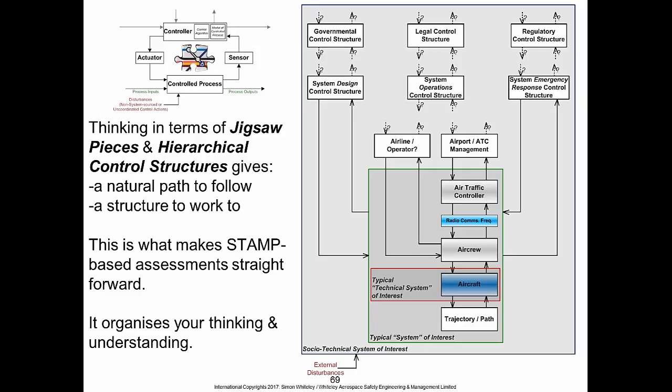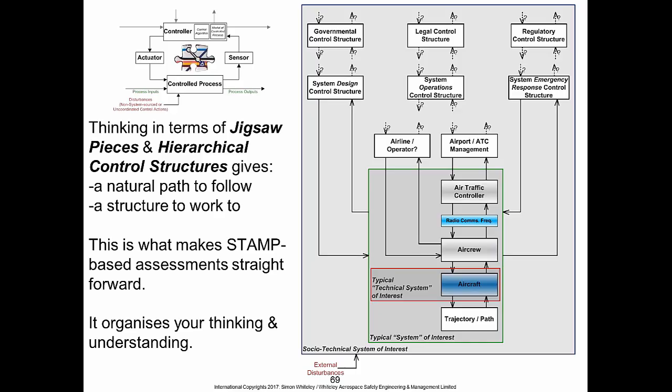So as an example, on the right-hand side, I've got just a generic control structure for air traffic control. So we've got an aircraft that controls its trajectory or path under the control of an aircrew, which is under the control of an air traffic controller through some form of radio communications frequency. Now those controllers have airline operator type control above them, airport ATC management.